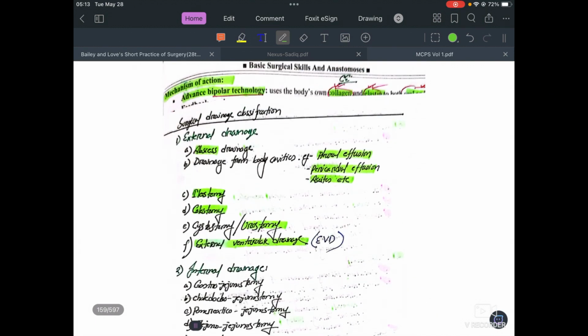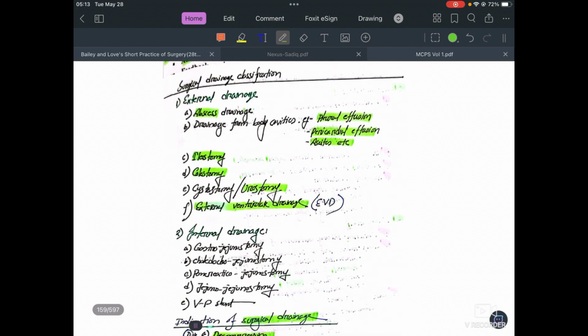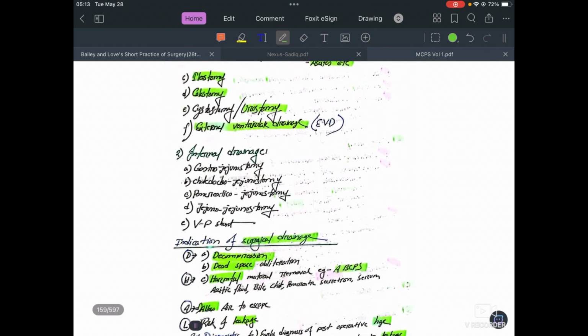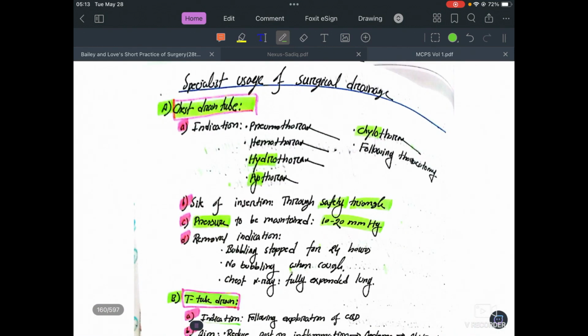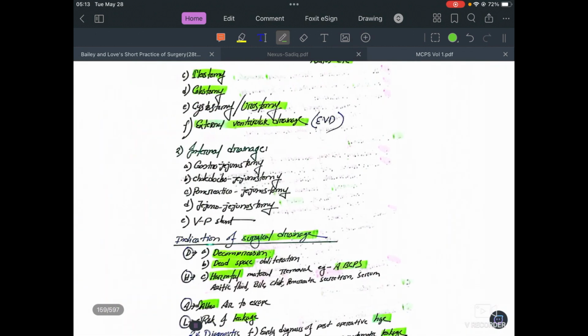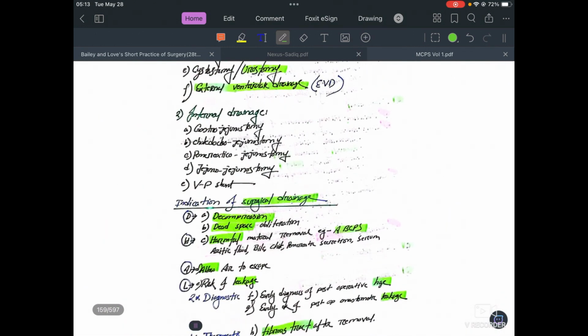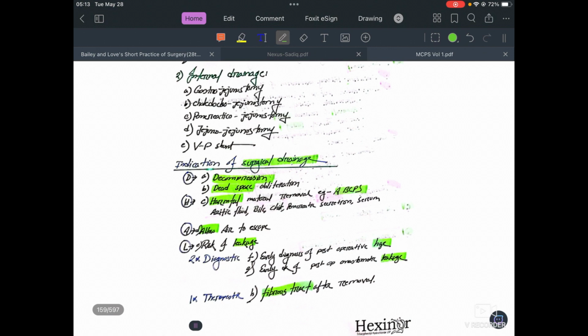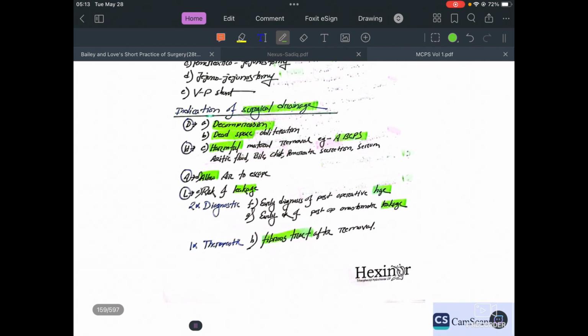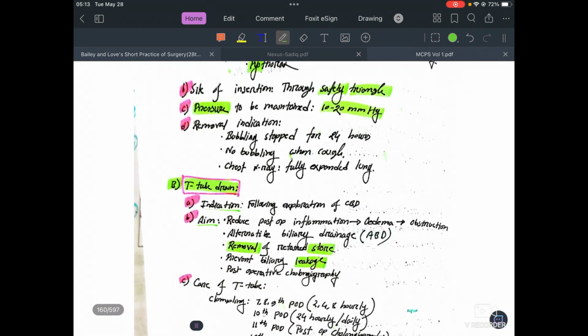Under external drainage there is drainage of an abscess, drainage of a body cavity, ileostomy, colostomy. Actually it's drainage, not a drain. Gastrojejunostomy, colorectal, pancreatic, jejunostomy are indications of surgical drainage. Actually, it is drainage, but it is not a drain.